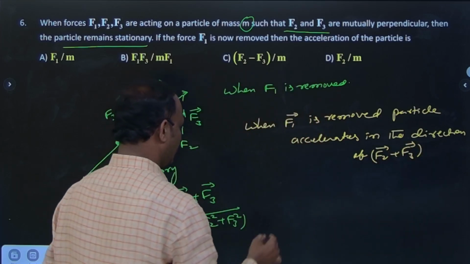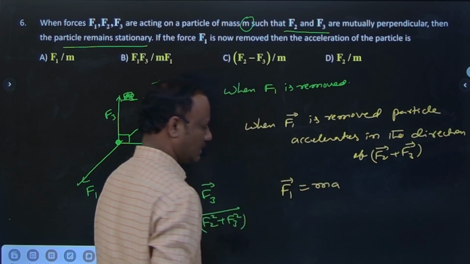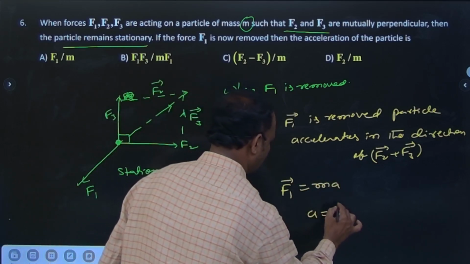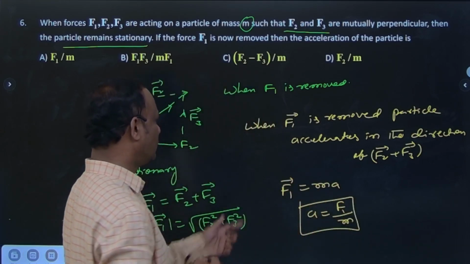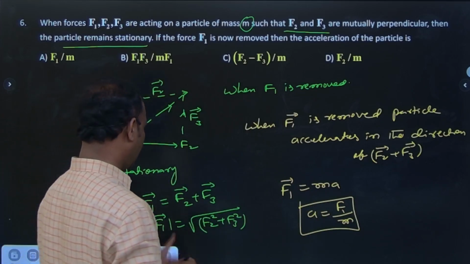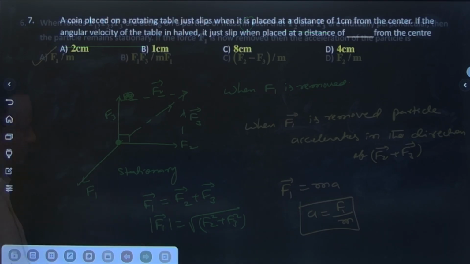So F1 bar is equal to M into A. Then A is equal to F1 by M, because F1 is balanced by the magnitudes of F2 and F3. So the answer is the first.